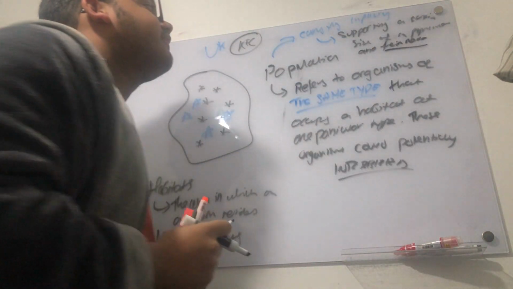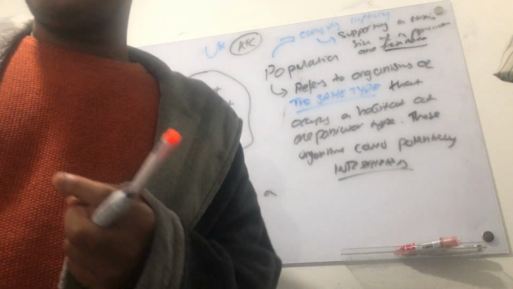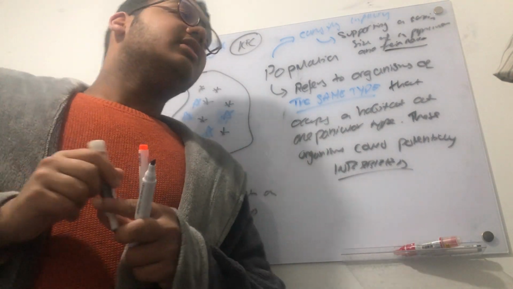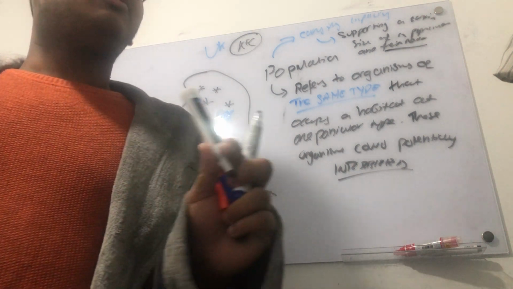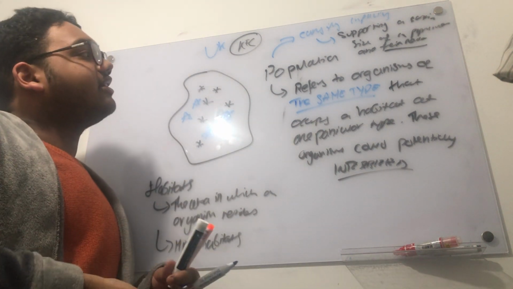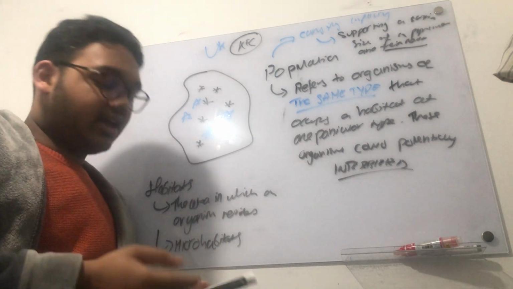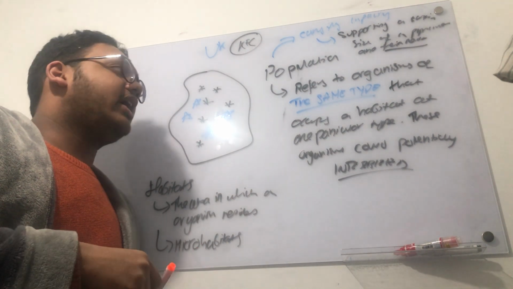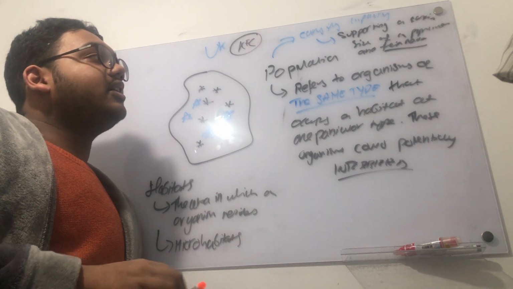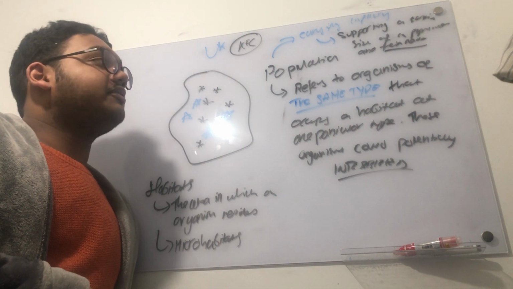Pretty important stuff. You can think of carrying capacity as, never use this word in an exam, but just for understanding, the safe number of organisms that can live in an area and inhabit that particular habitat in a peaceful manner.